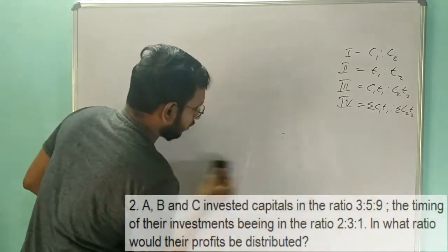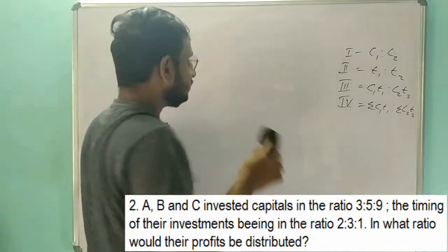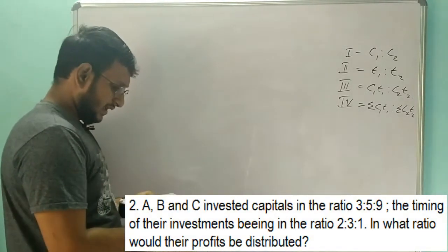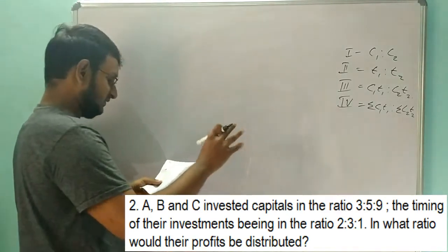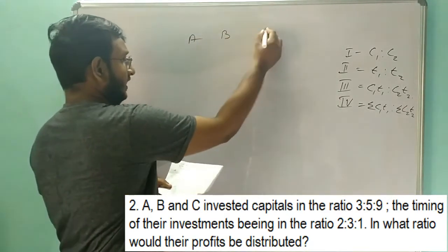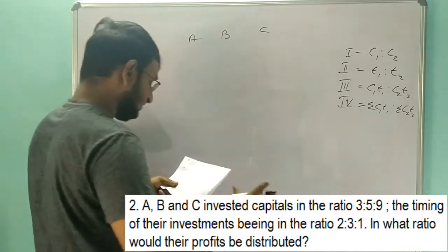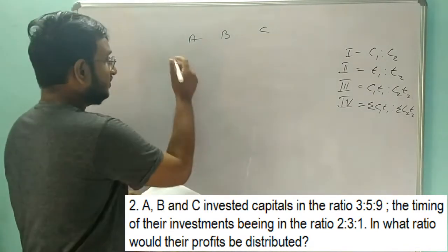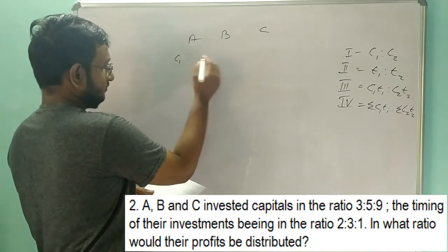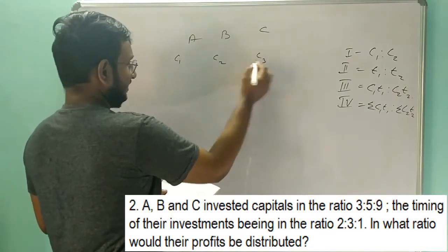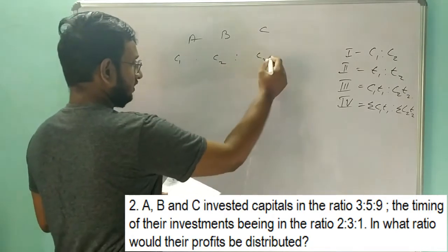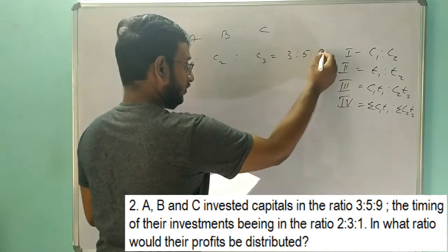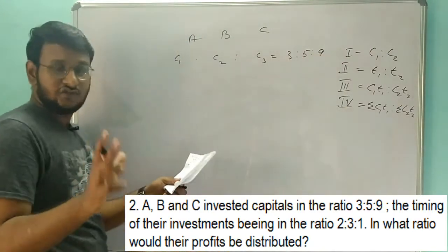So in the second problem, what we are going to see is that there are three persons, that is A, B and C, and they invested capitals in the ratio of 3:5:9. So their investments C1, C2 and C3 are in the ratio of 3:5:9.